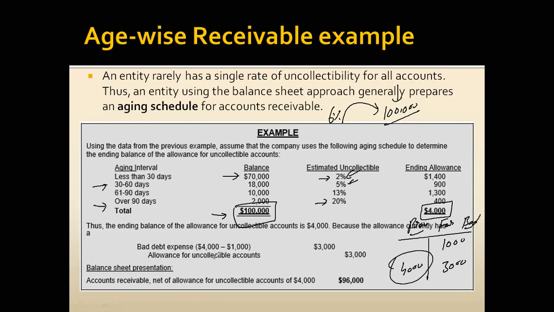That's why in this case I am recording the entry with the amount of 3,000, not 4,000. So like that, the net realizable value of our receivables will be 96,000. I hope that you are fully clear about the methods of how to calculate provision for bad debts.